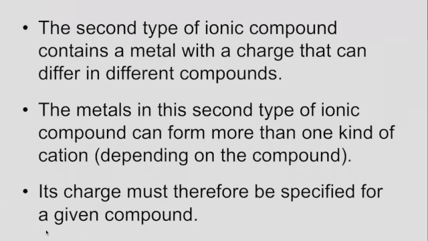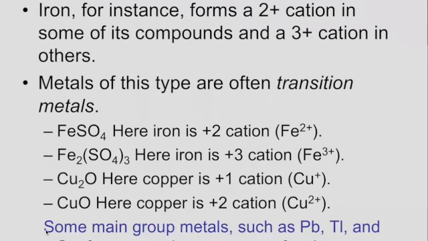For example, if in here you have iron, so you will say the word iron. However, in this compound, iron is carrying a charge of 2. The second compound, iron is carrying a charge of 3. So you will have to let us know the charge the iron is carrying.